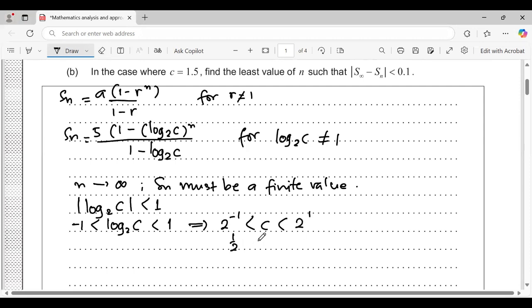And it becomes 1 half less than C less than 2. So this is the range of possible values for C such that the series converges.